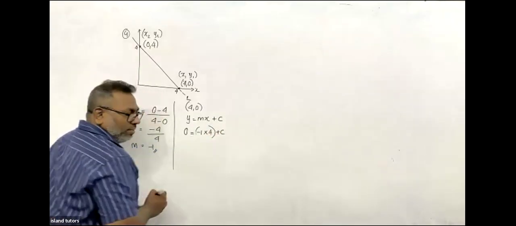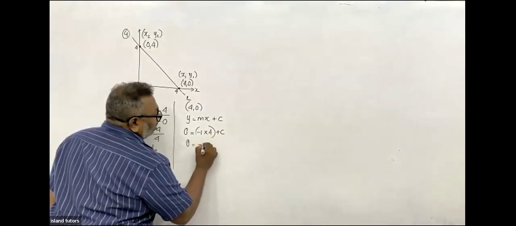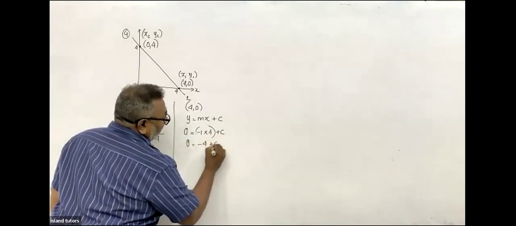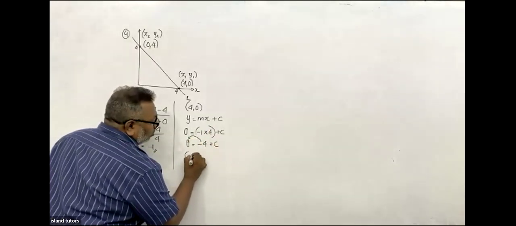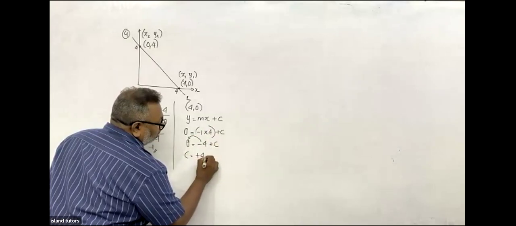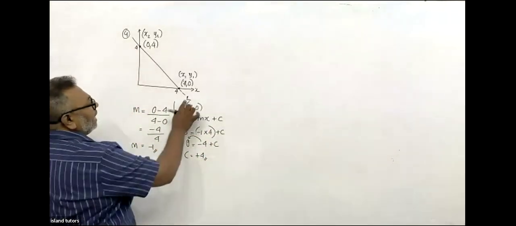I want to find out c. So 0 is equal to -4 plus c. To find c, I have to take the -4 to this side. So c is equal to +4.